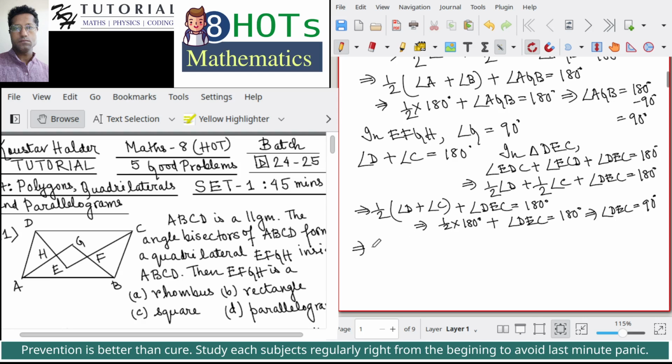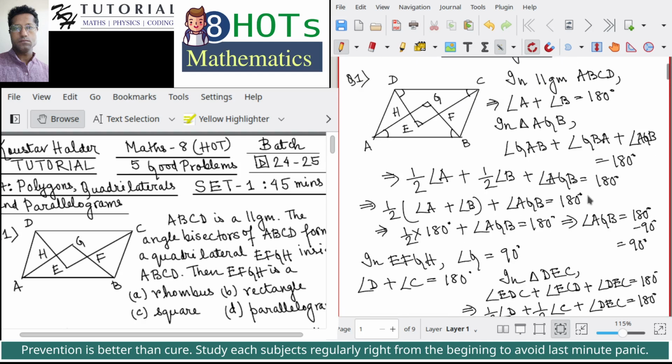So in EFGH, angle E is also equal to 90 degrees. So we have found that angles G and E in the quadrilateral EFGH are both 90 degrees. Similarly, we will see that angles H and F will also be 90 degrees.